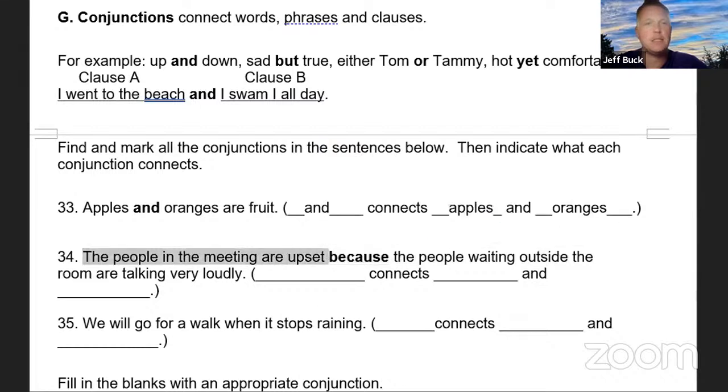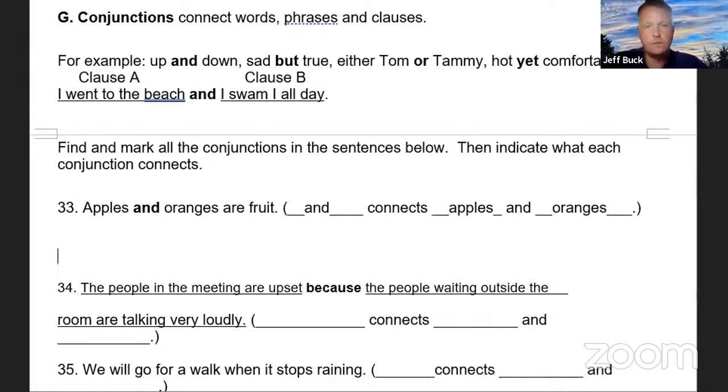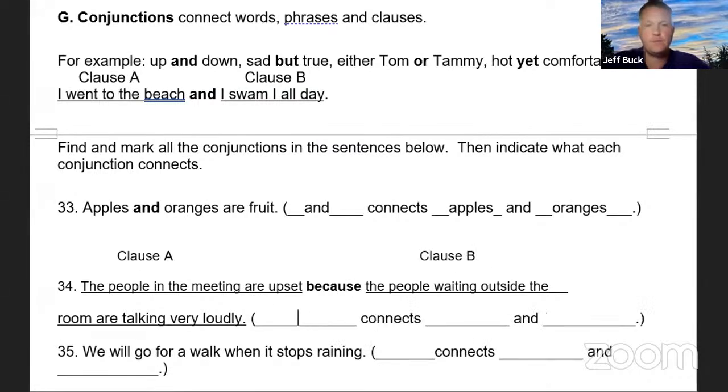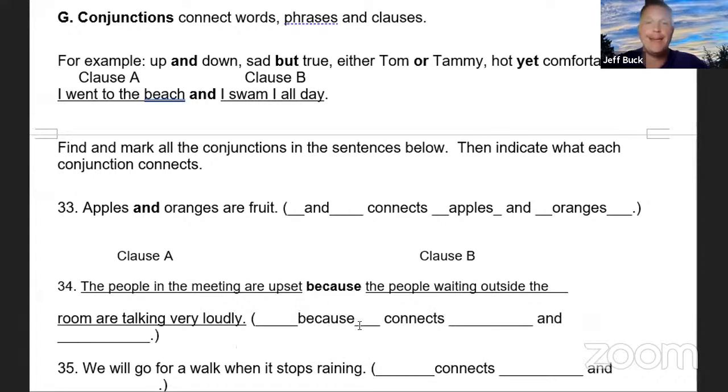The people in the meeting are upset, that's clause A. And the people waiting outside the room are talking very loudly, that is clause B. So "because" connects clause A and clause B.